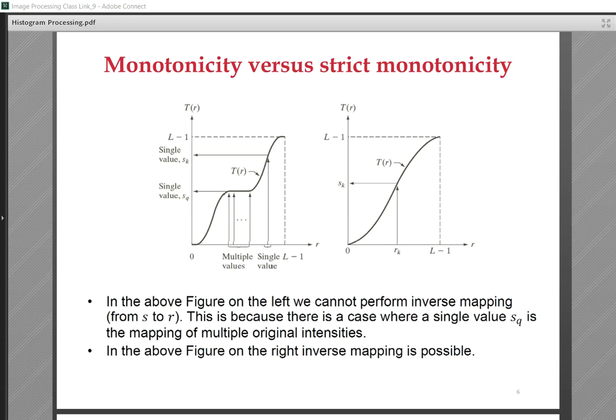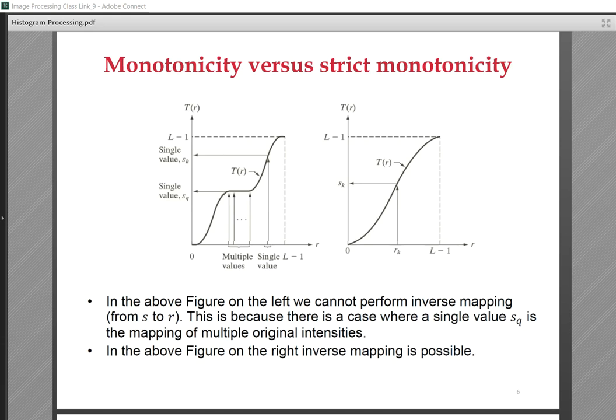This condition guarantees that the range of intensities of the output will be the same as the full range of intensities of the input. Go to the next slide.